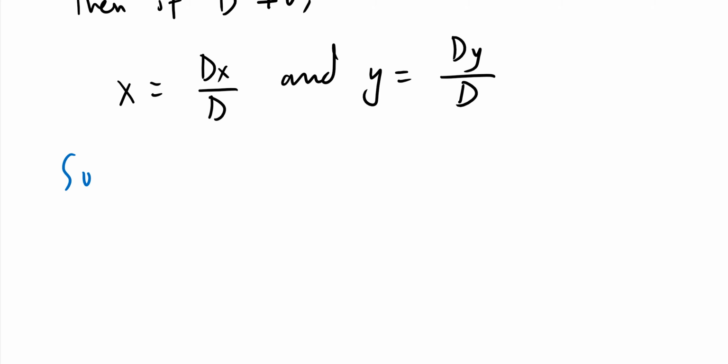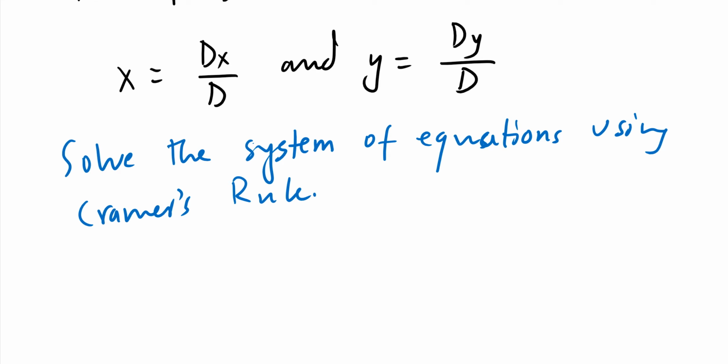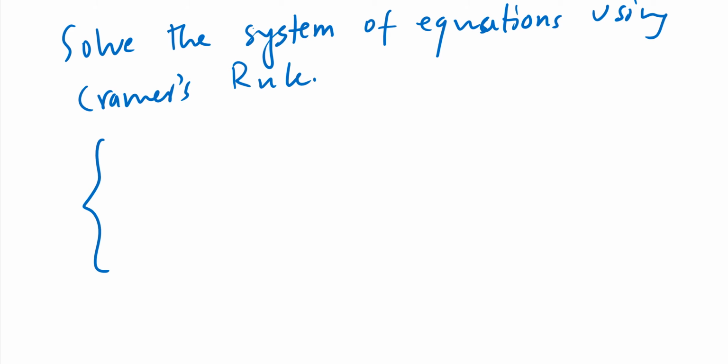So let's solve the system of equations using Cramer's Rule. 2x plus 5y equals 17.